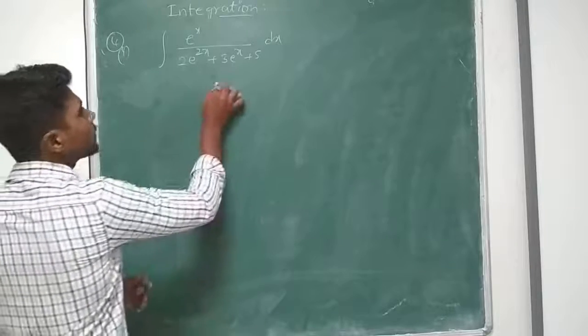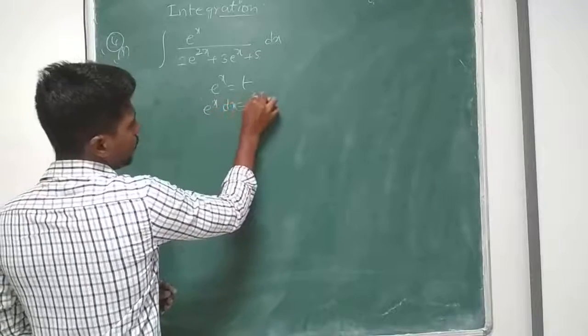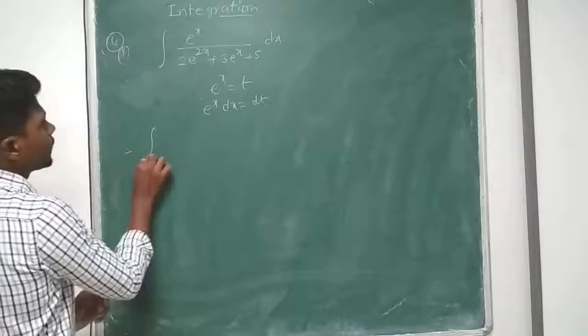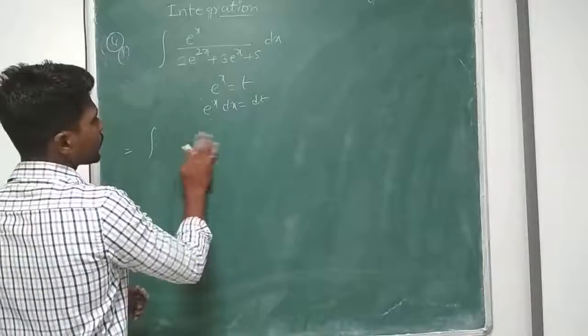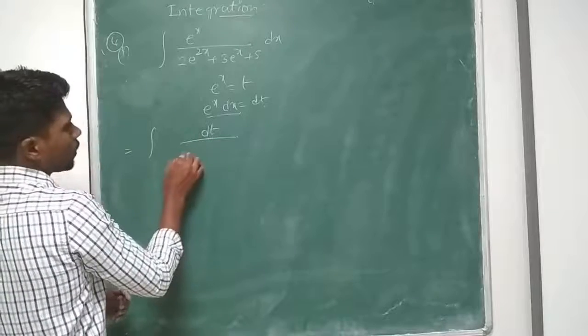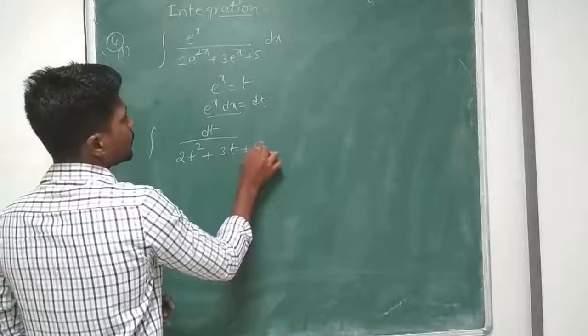So if I replace e power x by t, then e power x dx will be equal to dt. So now the integral becomes dt by 2 into t square plus 3 into t plus 5.